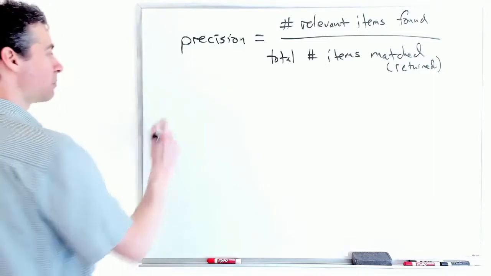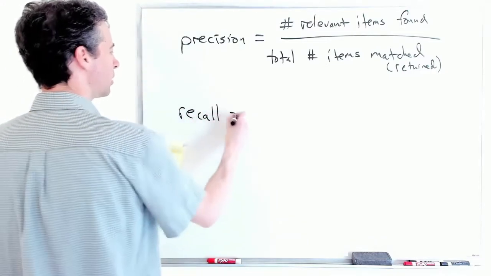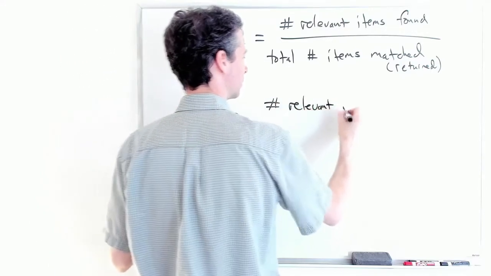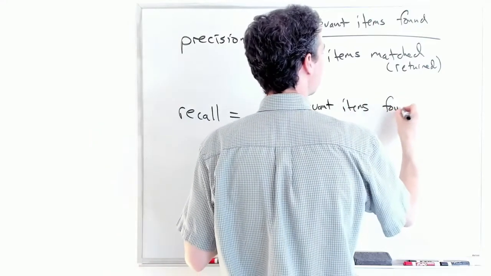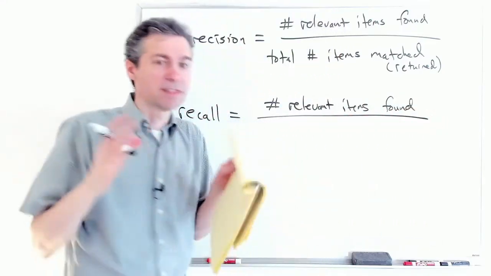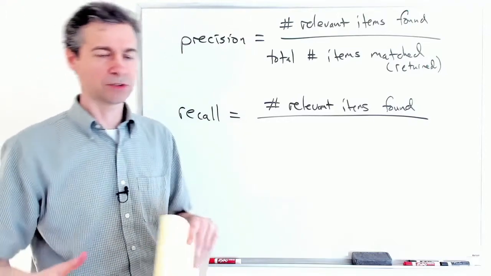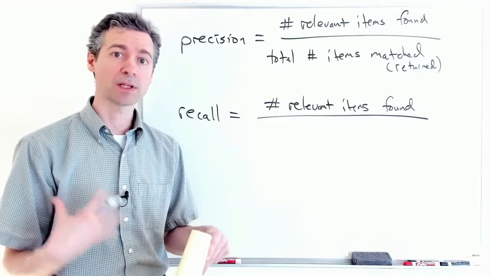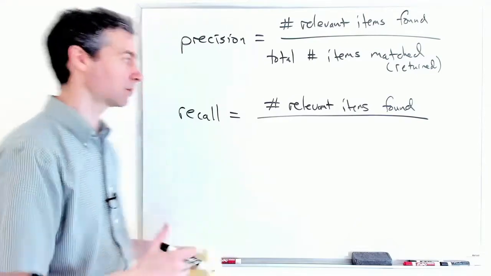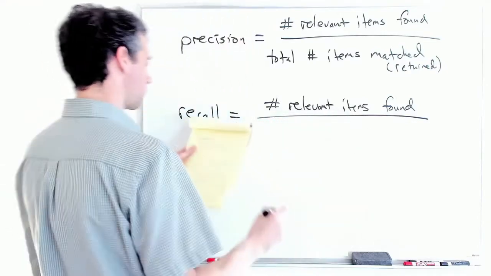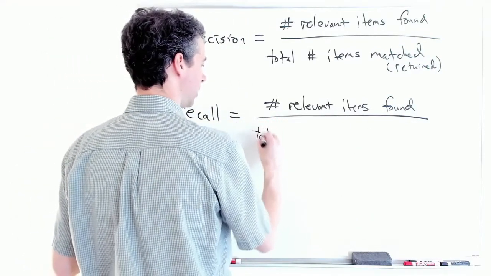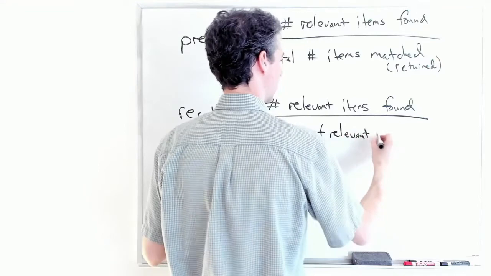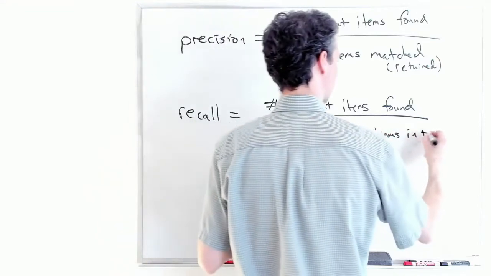Now, but that's balanced against this issue of recall, which again is the number of relevant items that I find. And again, relevant is not, oh, it contains the words. No, that's not relevant. Relevant is, that's what I wanted to find, and it's helping me satisfy my information needs. That's what relevant means, okay? So number of relevant items found, divided by the total number of relevant items in the collection.